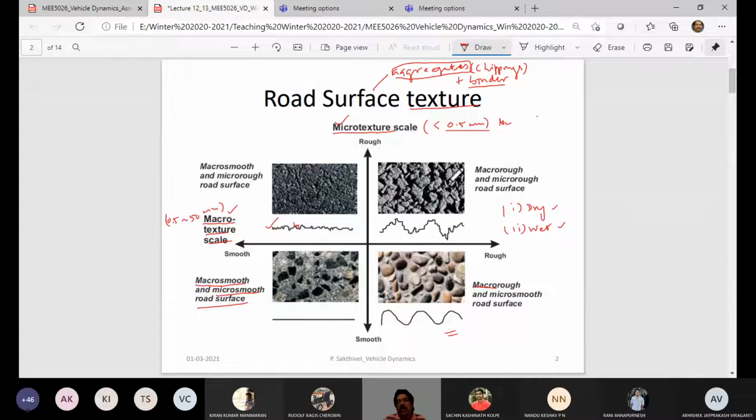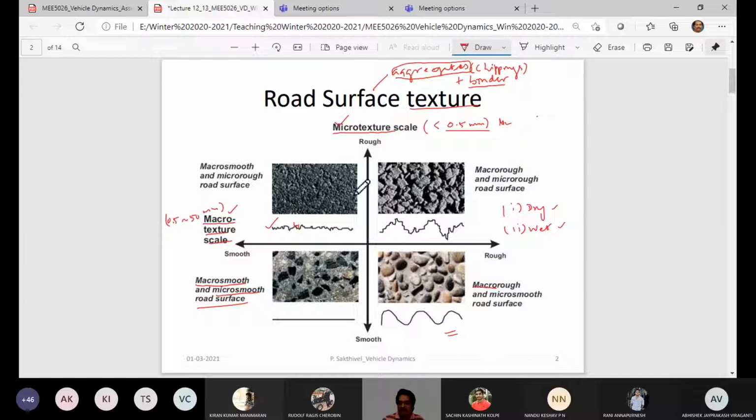Here you'll see more water penetration. Here you'll see more water stagnant on the road surface. Here you'll have fewer voids than the other one, but still you'll have water penetration. So this is what will happen when the road surface is wet. That's what you should understand.